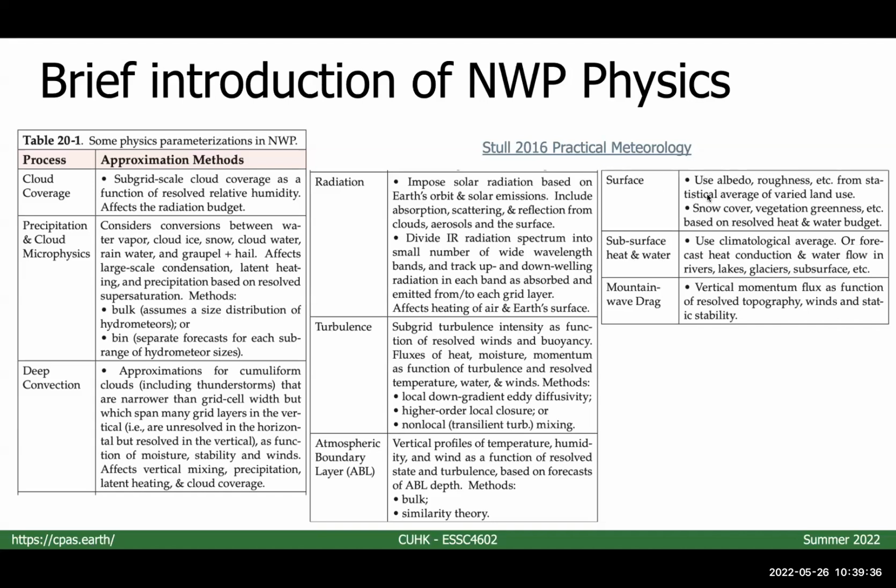So they are handled by the surface scheme. And then the roughness of the surface, especially for land surfaces of different land use, and also vegetation greenness, affects heat flux and moisture flux. So they are handled by the surface scheme.